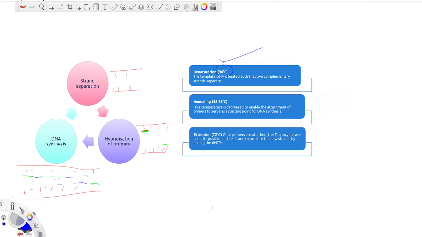And pay attention to the temperatures as well. As you can see, you have 94 degrees Celsius, between 55 and 65 degrees Celsius, and 72 degrees Celsius. As you may have noticed, these are quite high temperatures. That's the reason why Taq is one of the best at performing this.